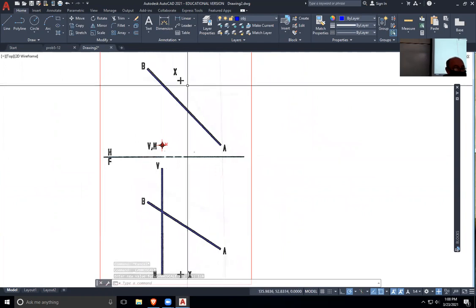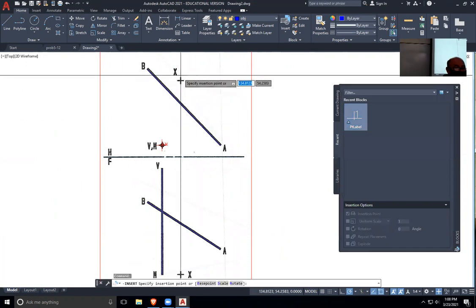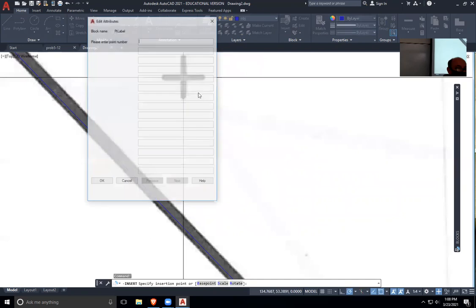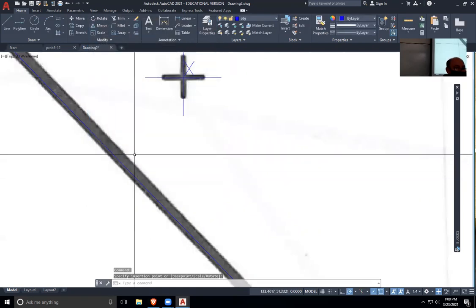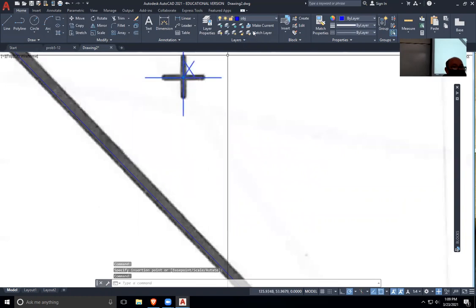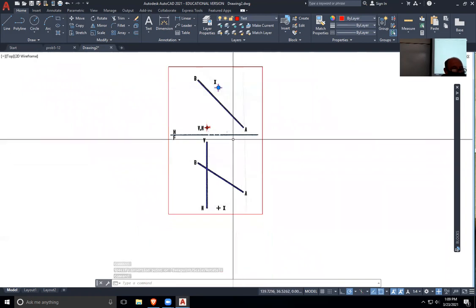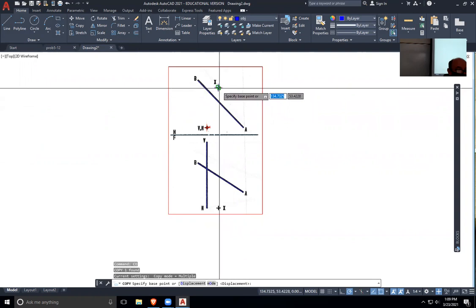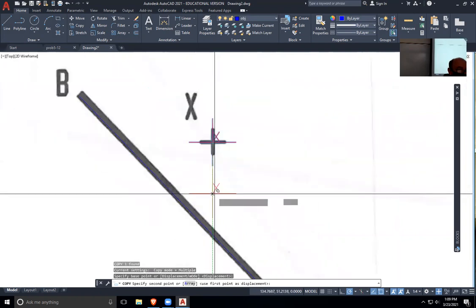Should be good. Another point, X. Right, insert point.